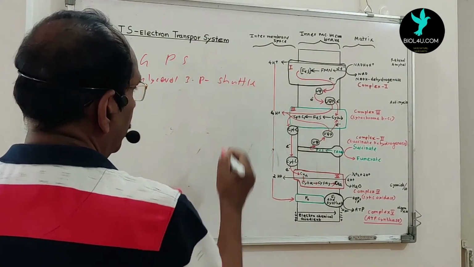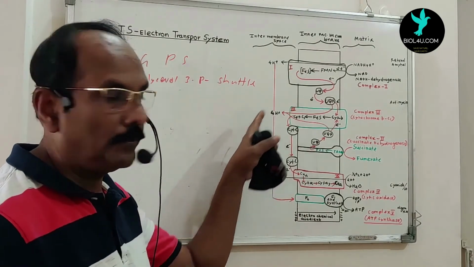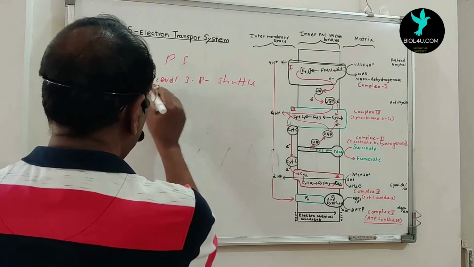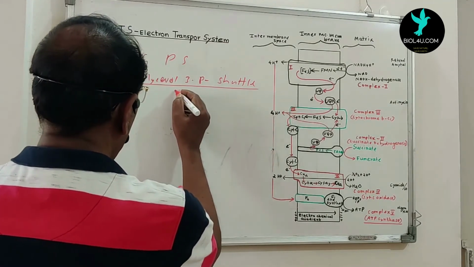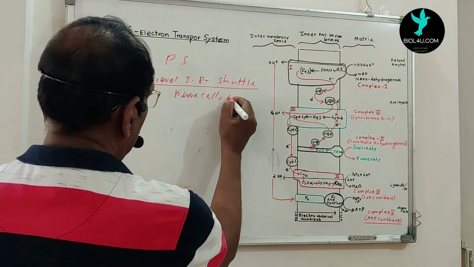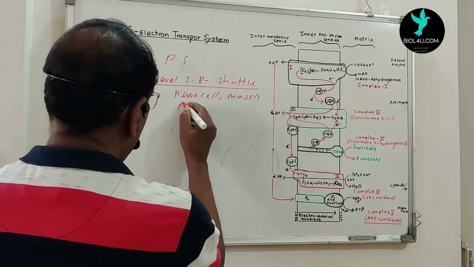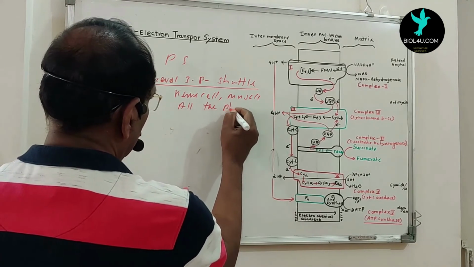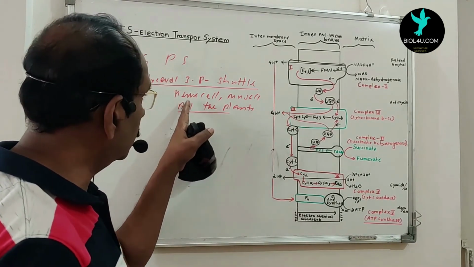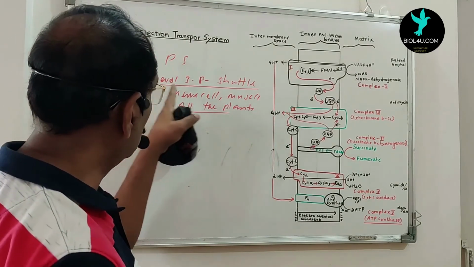This shuttle helps to transfer the NADH from the cytoplasm to the mitochondria. And this glycerol 3-phosphate shuttle operates in nerve cells, muscle cells, and all the plants. So the shuttle used in all the plants, nerve cells and muscle cells is the glycerol 3-phosphate shuttle.